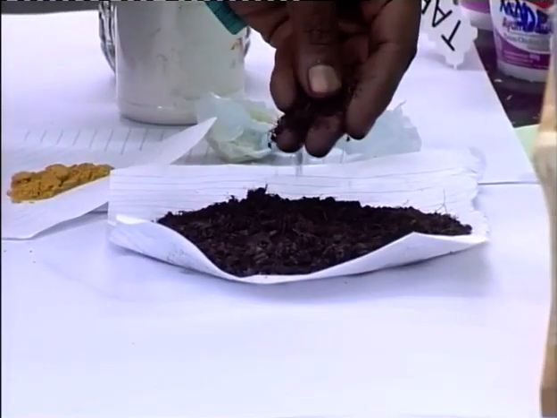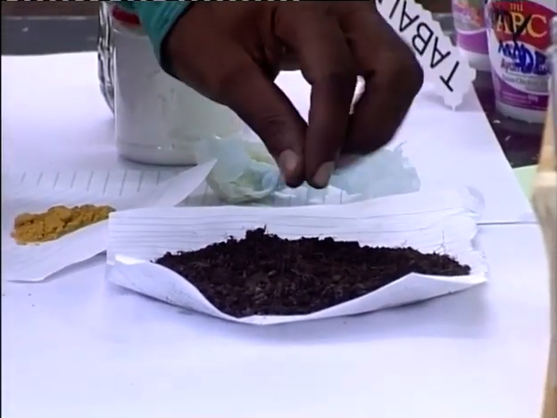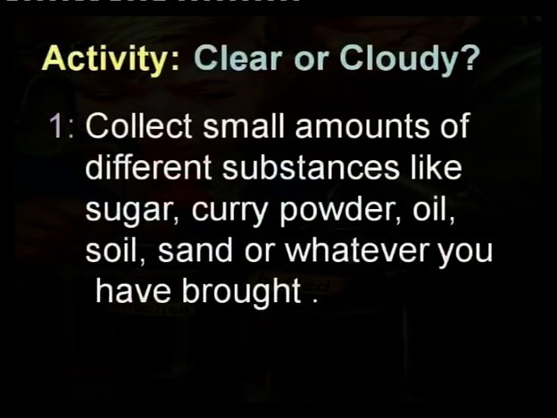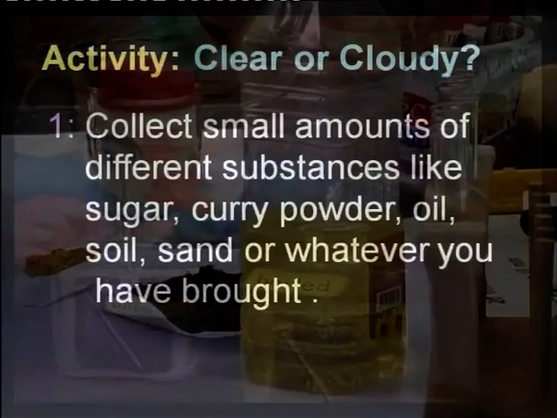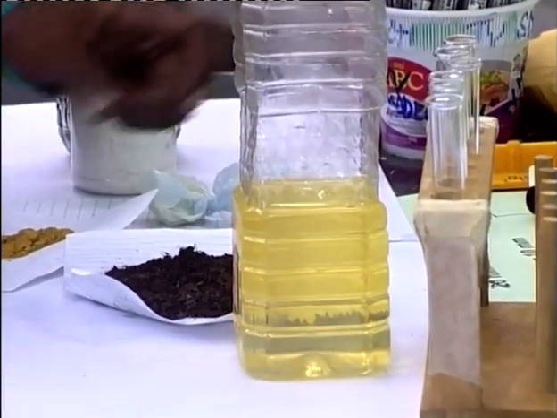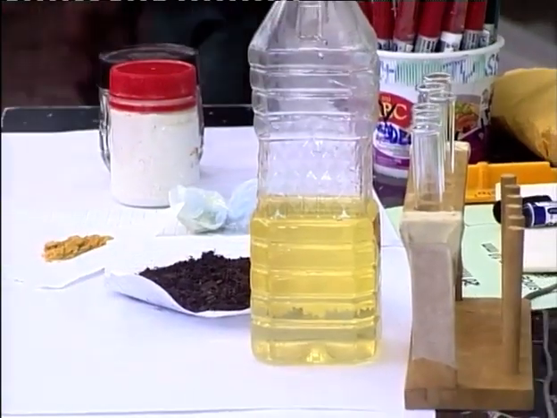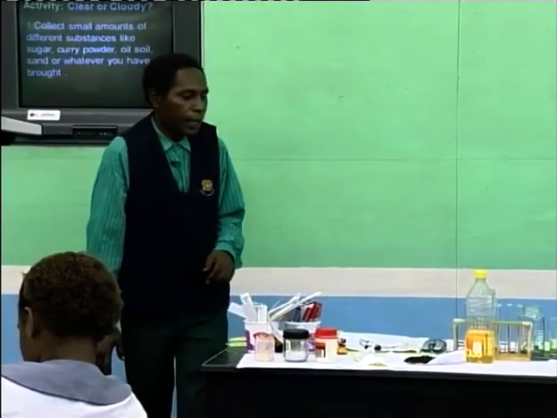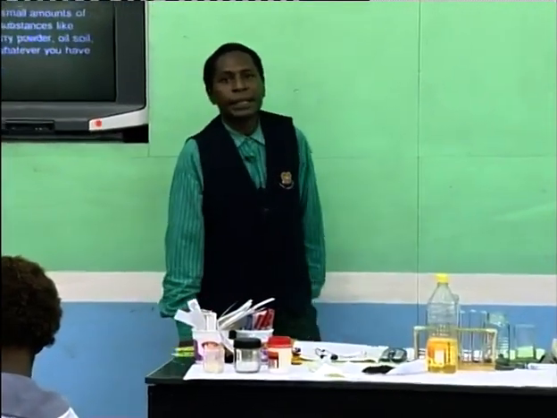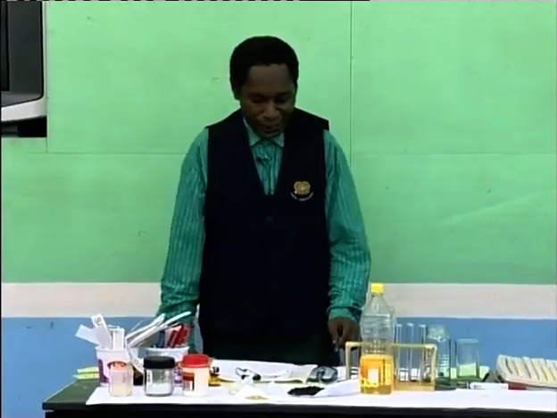Okay, there's soil there. And we will also be using oil. We have oil there. Right, those are some of the things that we are going to be using in today's lesson.